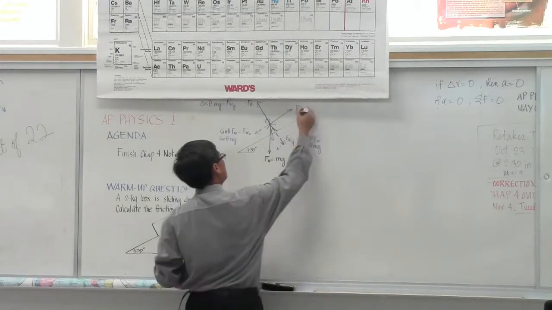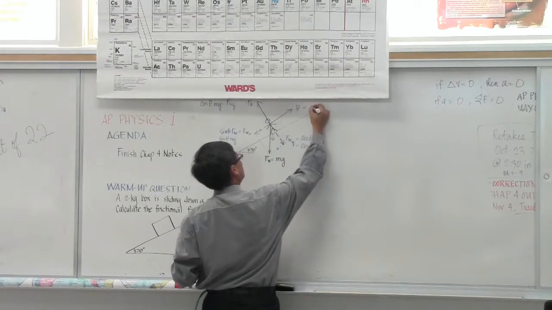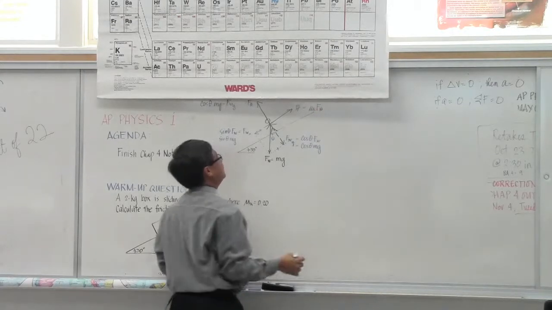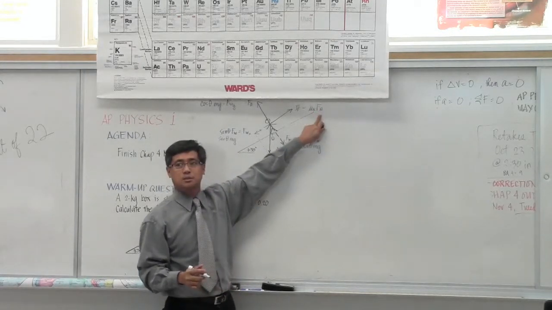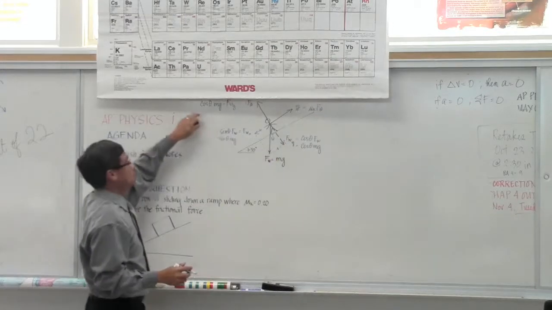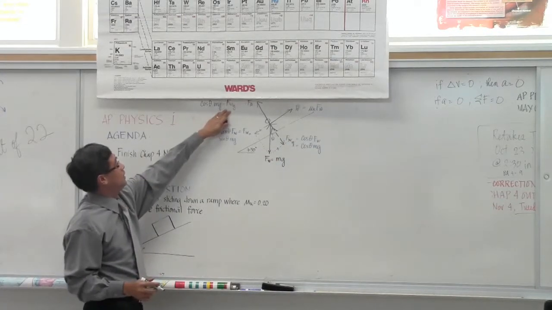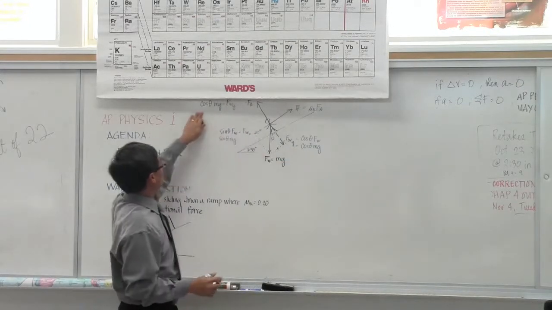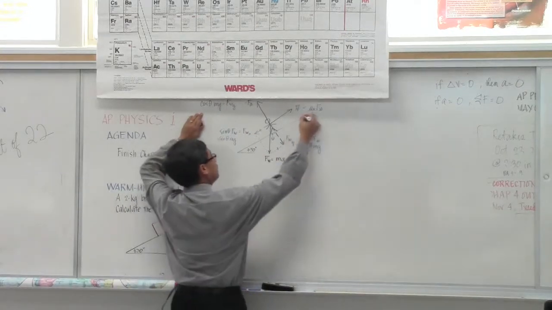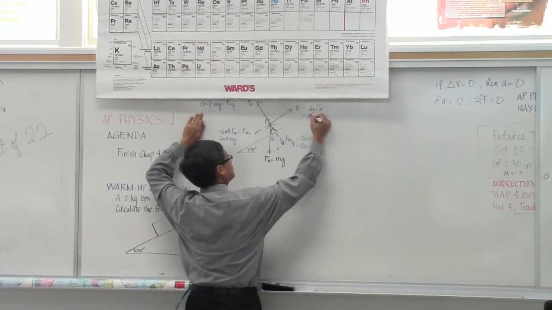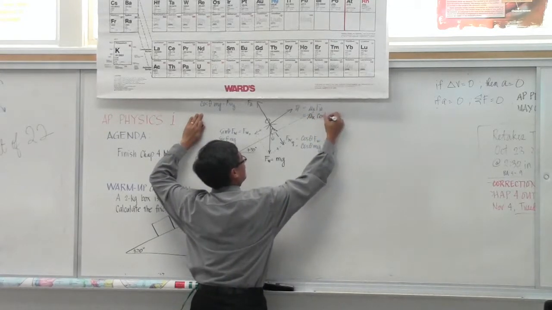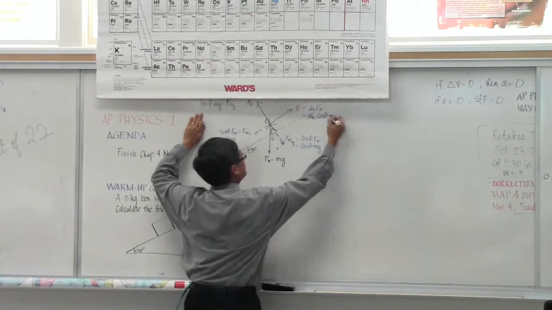Yes. What's the formula for frictional force? Mu sub k n, or mu F sub n, right? But what is F sub n equal to? FWY, which is also equal to cosine theta mg. So therefore, it's going to be mu sub k cosine theta mg.